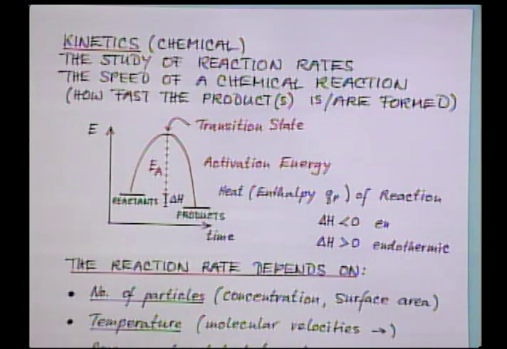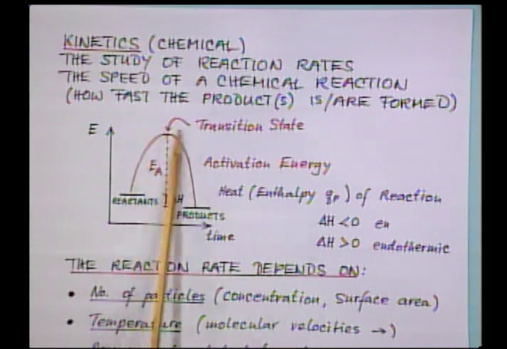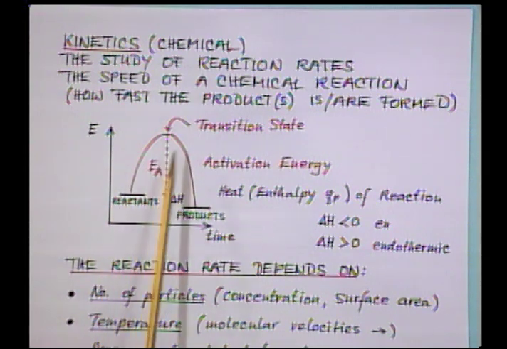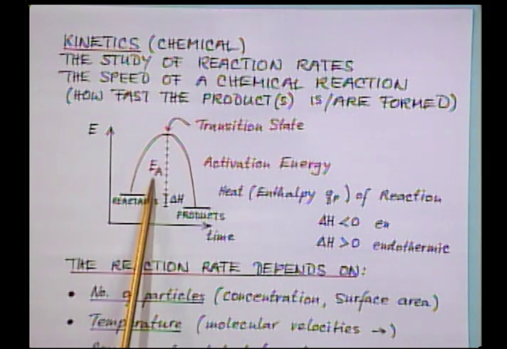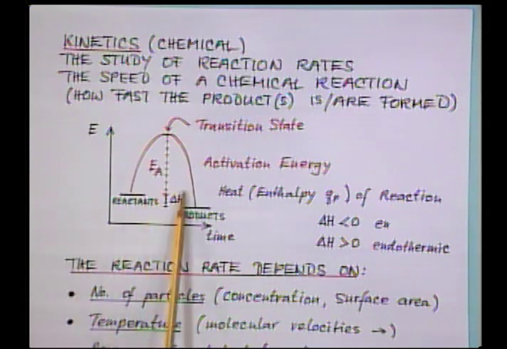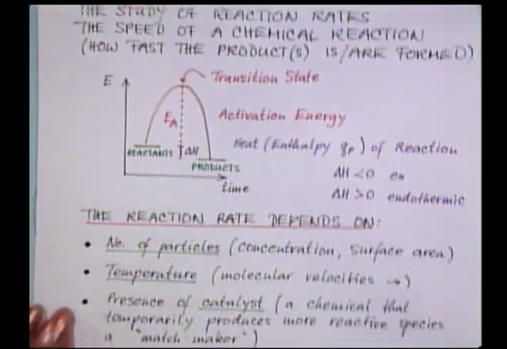That means it's not that easy to get from one state to the other. We have to supersede this energy mountain, so to speak, or hill, and the transition state is on the top. That transition state actually leads to the production of products. We need a certain amount of activation energy. Catalysts are able to lower the activation energy so that things happen faster.